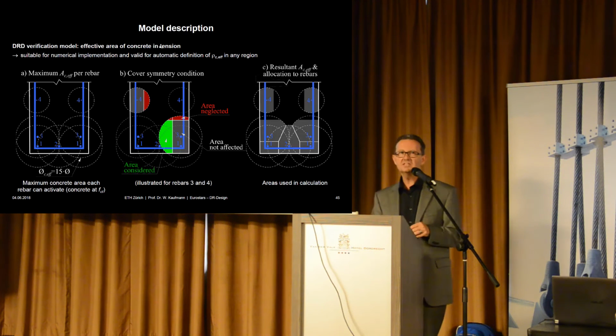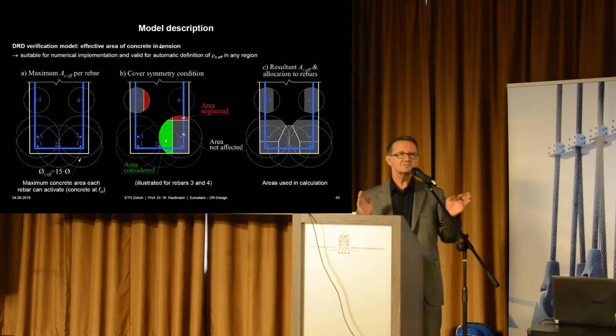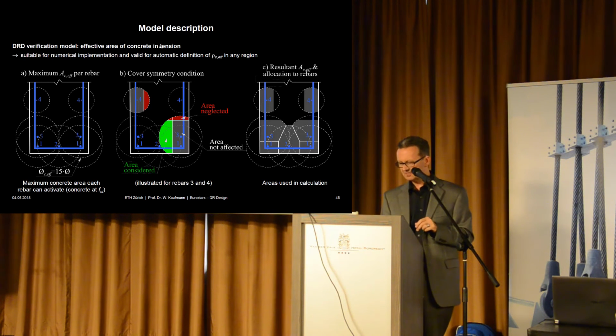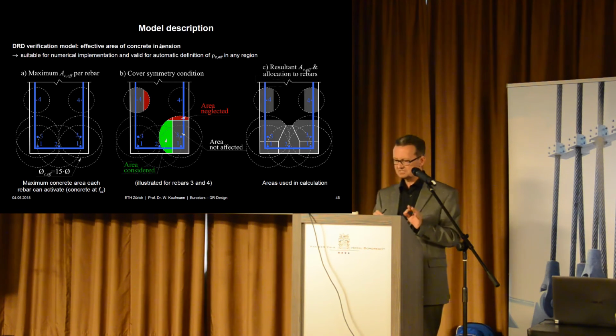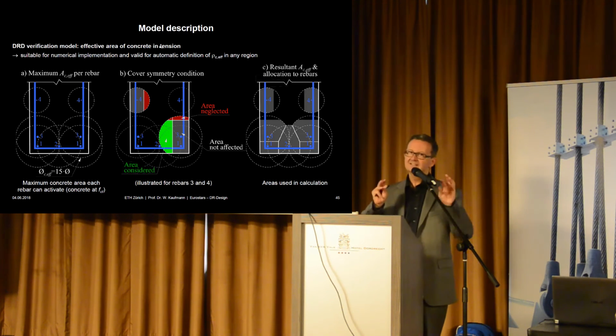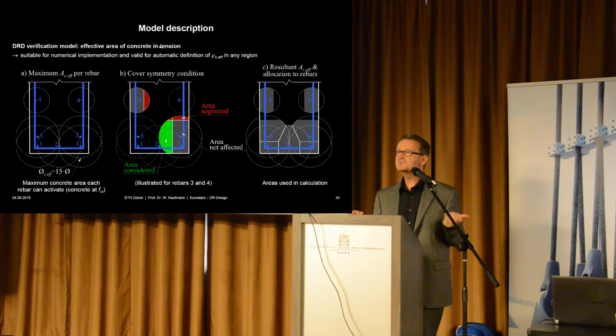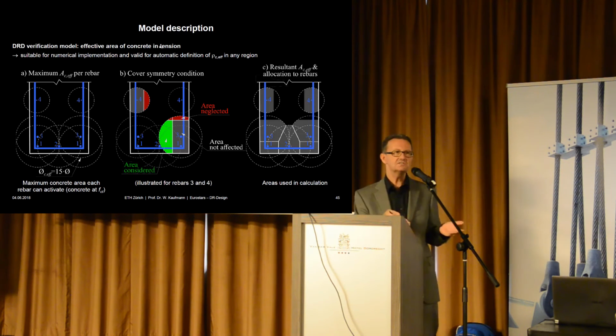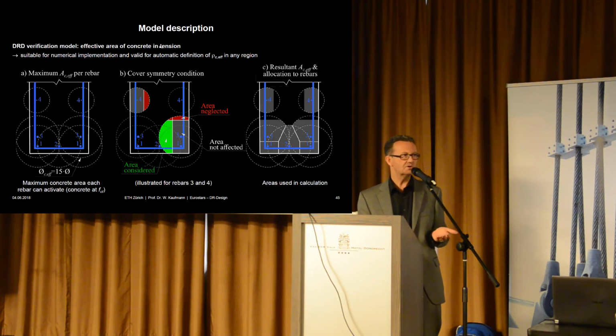Now actually checking if there's a really symmetric rebar on the other side is not that straightforward. And in the end of the day, we account for this if it's covered by more than 50% by other rebars. But the condition works really pretty well. But that's maybe the kind of adjustment we have to make it really generally applicable without asking you as a user to specify the reinforcement ratio for each rebar.